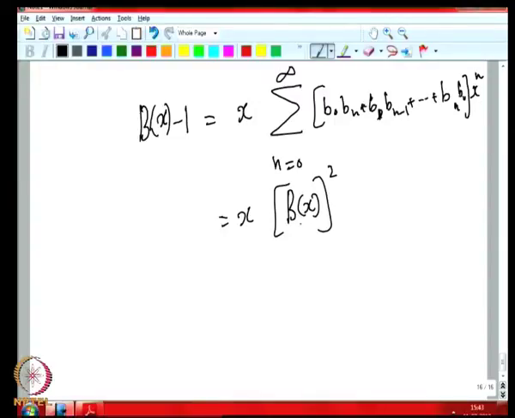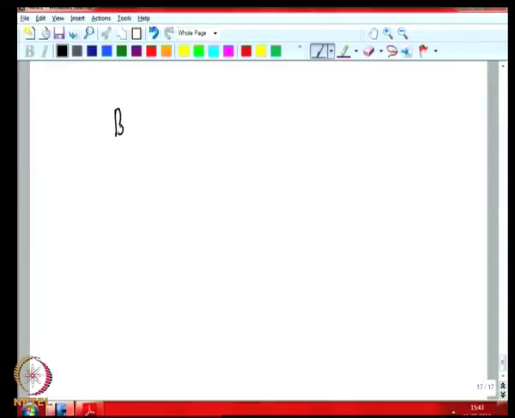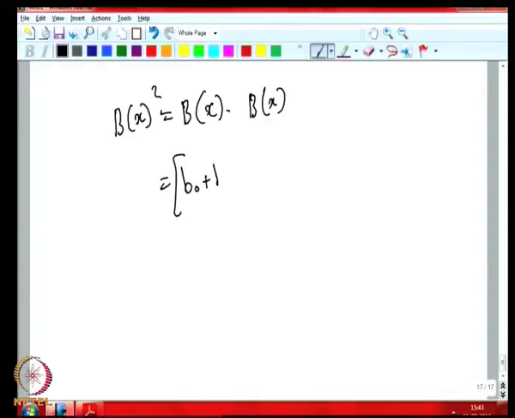Because if you consider b of x square, what would be the coefficient of x raised to n in it? To see this, you write b of x square as b of x into b of x, and this b of x is actually b0 plus b1 x plus b2 x square and so on, into b0 plus b1 x plus b2 x square and so on.